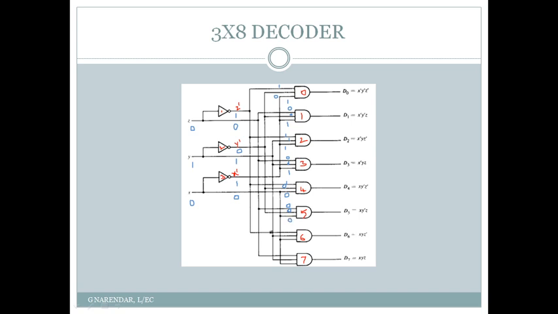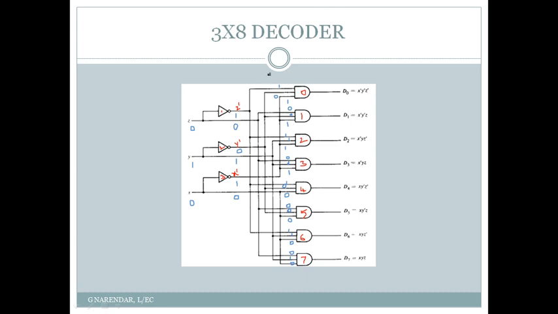And for the seventh and eighth, the inputs are z equals 0, y equals 1, and x equals 0. So we have got the inputs for all the 8 AND gates.